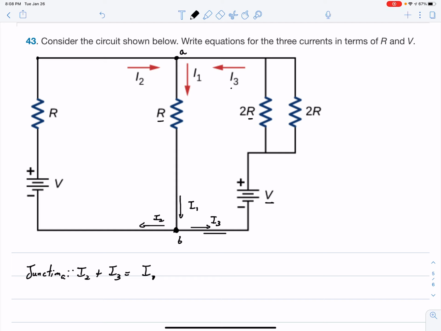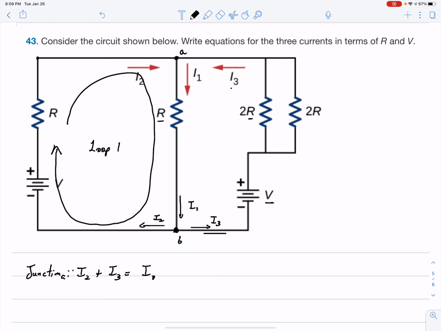Every closed circuit, I'm going to do a loop. So this right here is a closed circuit, and I'm going to go following the current, just to be consistent. This is loop 1. And this other part right here, loop 2, will go around.